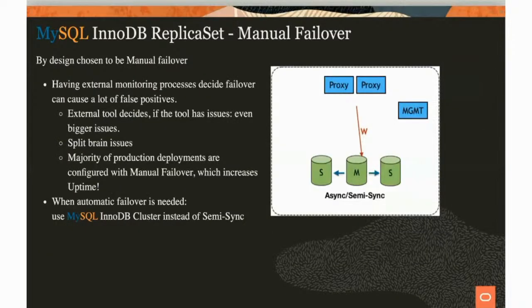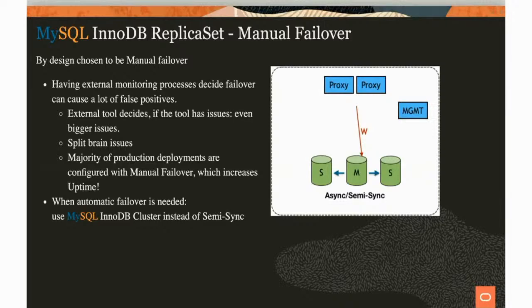So why are we doing manual failover? I think it's important to think about this a little bit. What we do not want is to have to run another external monitoring process and have that external monitoring process decide which machine should be the primary and which should not. There are a lot of solutions that already do this, but it does not solve all the cases.